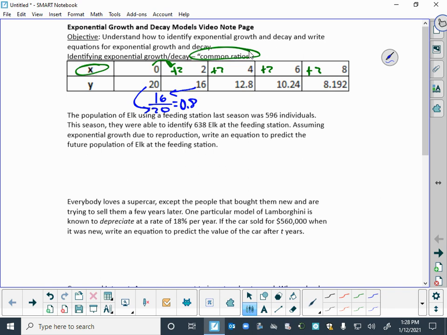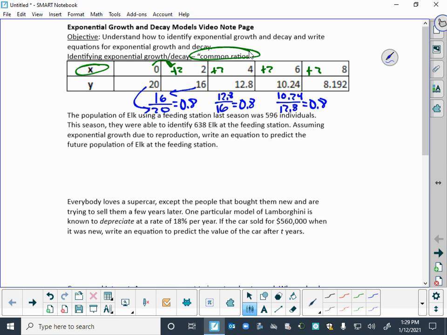And so then the question is, well, does that continue? If I do 12.8 divided by 16, I also get 0.8. So this is telling me that, yeah, what's happening here every time is I'm multiplying by 0.8, so that is the characteristic of an exponential function.